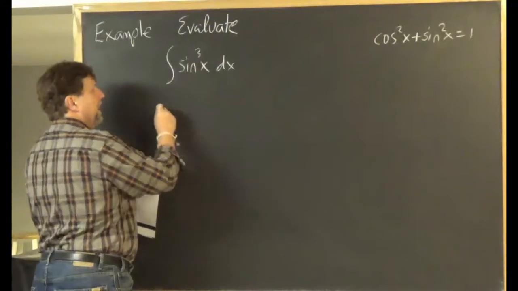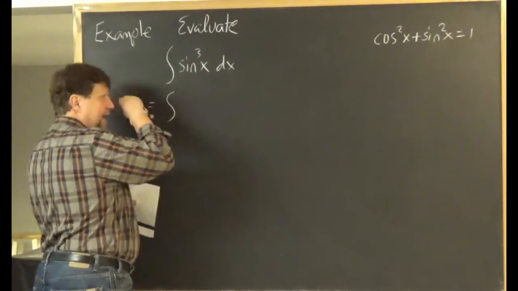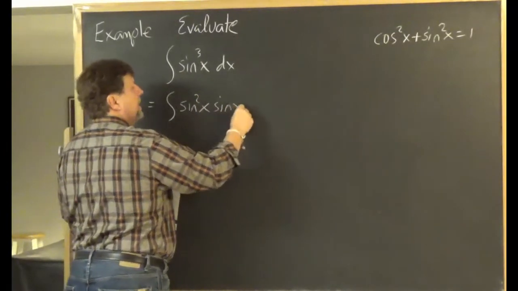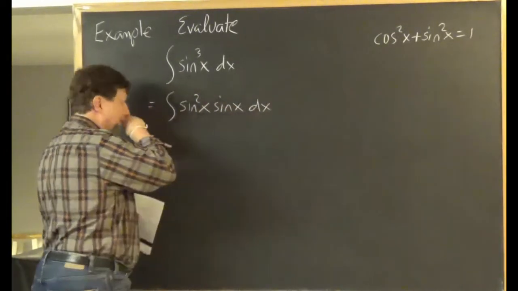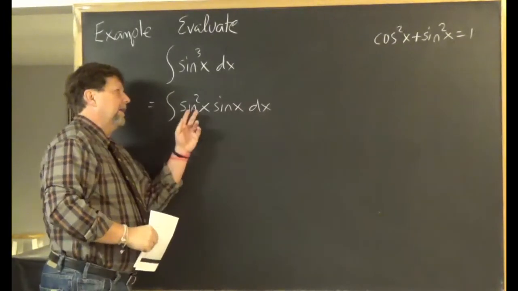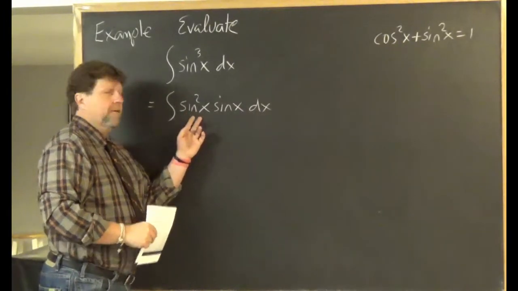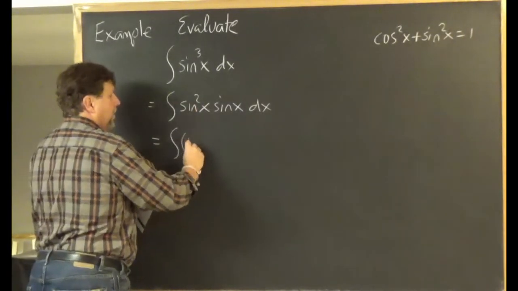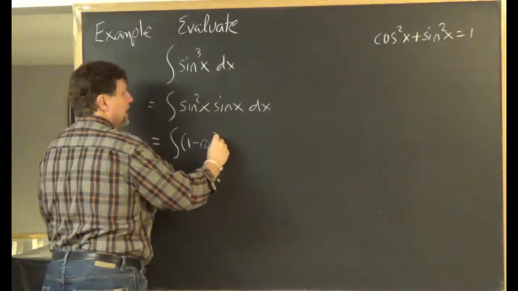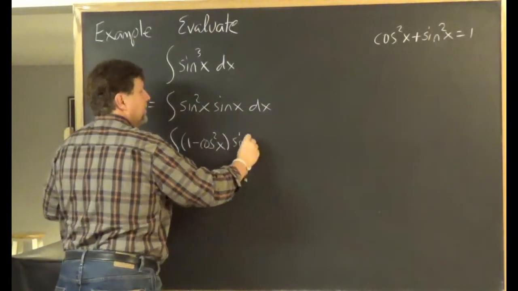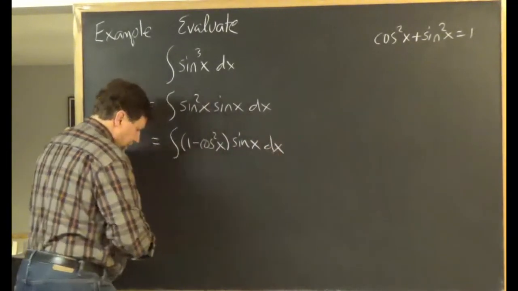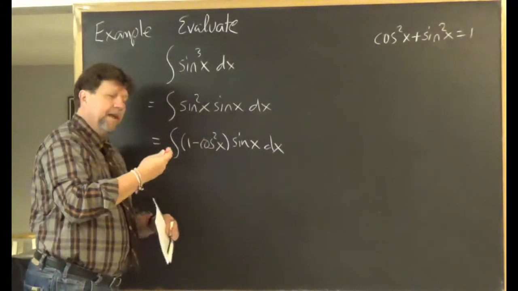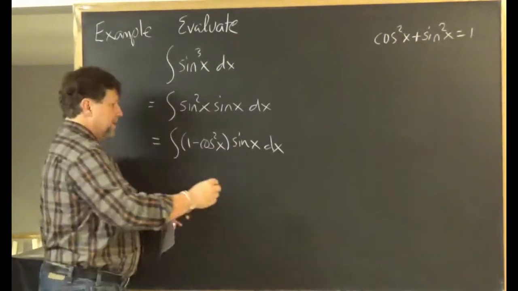A sine cubed x, well, I can write sine cubed x as sine squared x times sine x. This sine squared x, I can replace, thanks to that identity, with 1 minus cosine squared x. And see, the benefit of getting a cosine involved from the beginning is the basics of u substitution.